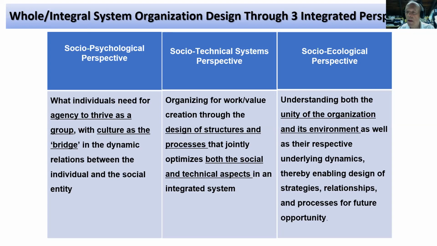If we look at Jay Galbraith's work, you organize around information processing to be able to make that more efficient, more effective. And what digital technology has done is push information processing down to lower levels of the organization. So power has shifted and information has shifted and problem solving has shifted to the people that are creating the value.